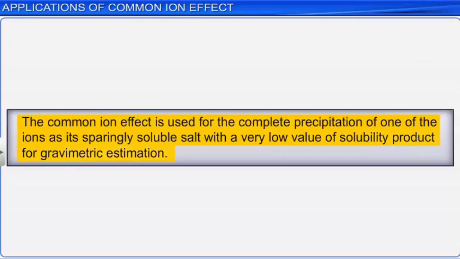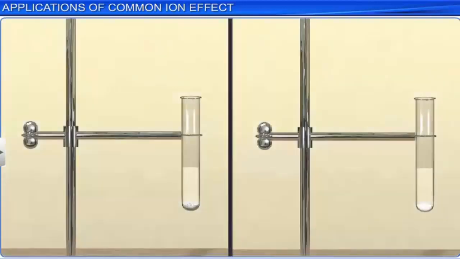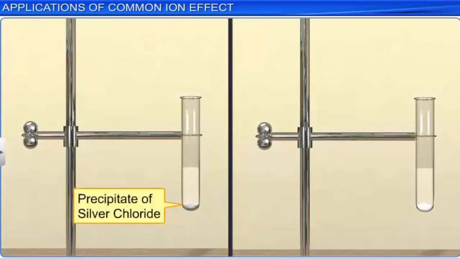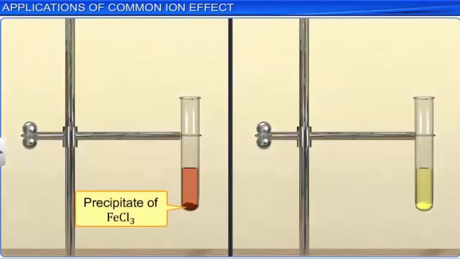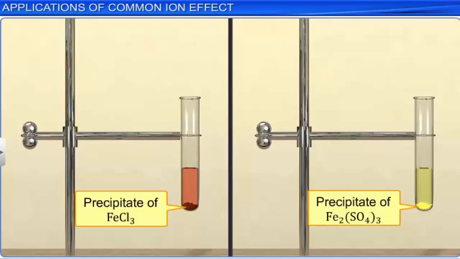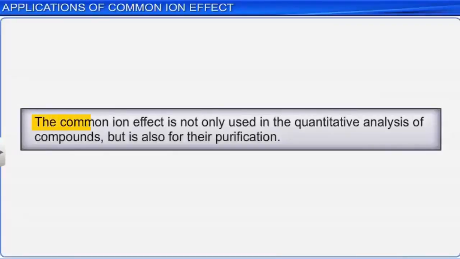For example, silver ions are precipitated as silver chloride, barium ions as barium sulfate, and ferric ion as ferric chloride or ferric sulfate. The common ion effect is not only used in the quantitative analysis of compounds, but is also used for their purification.